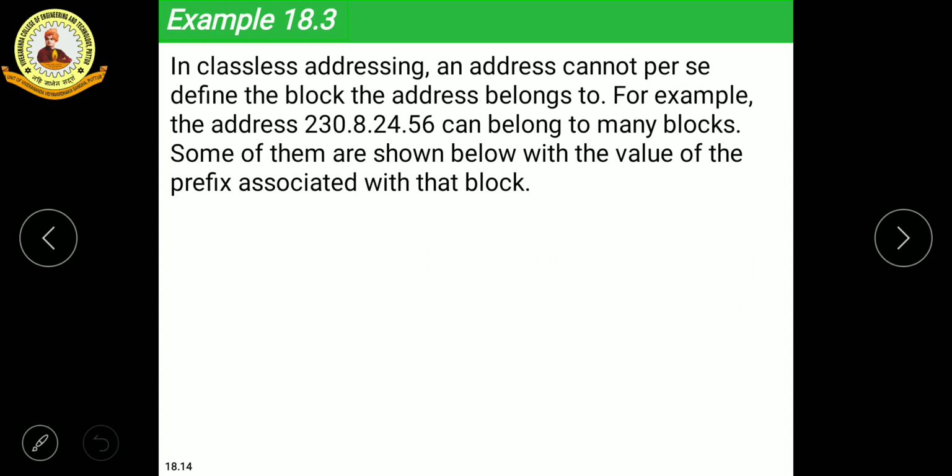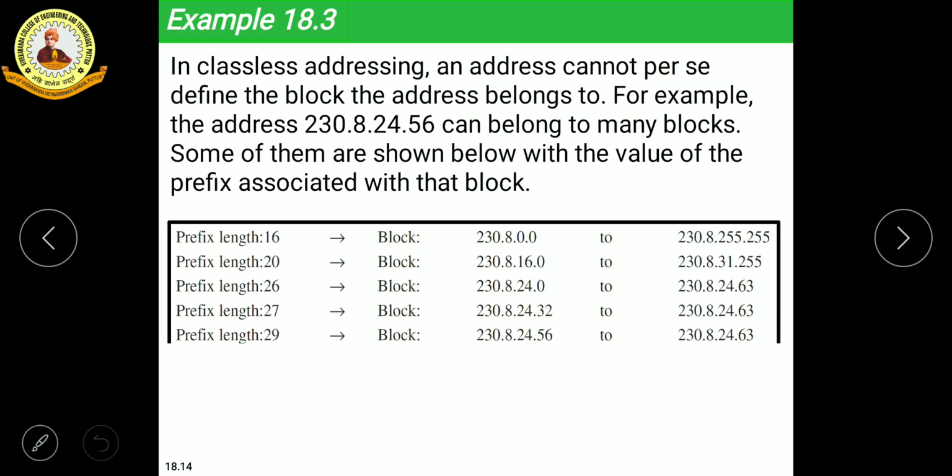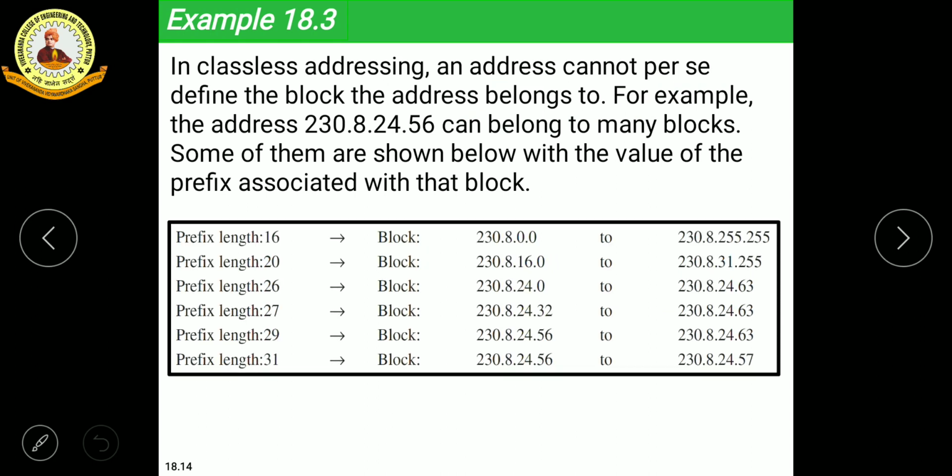In classless addressing, an address alone cannot define the block the address belongs to. For example, the address 230.8.24.2 can belong to many blocks. Some of them are given below with the value of the prefix associated with each block. If the prefix length is 16, the first address starts with 230.